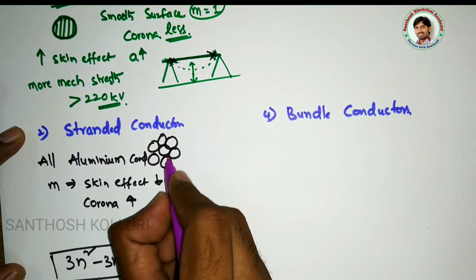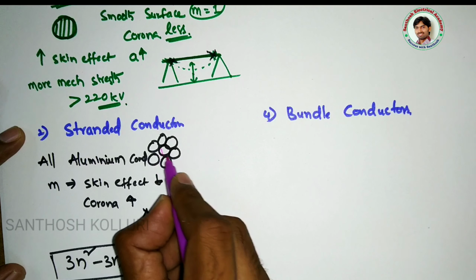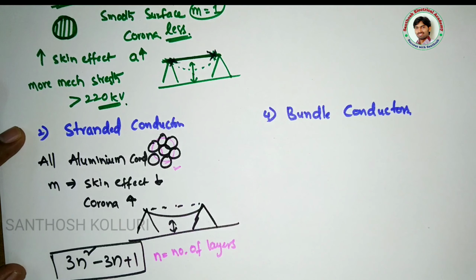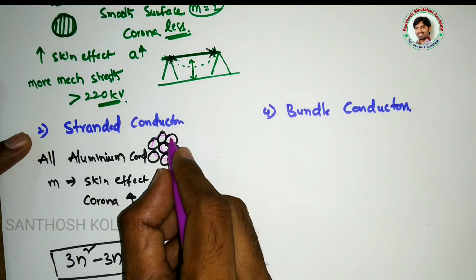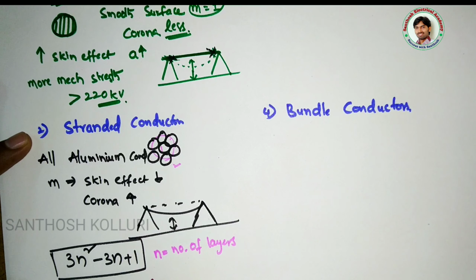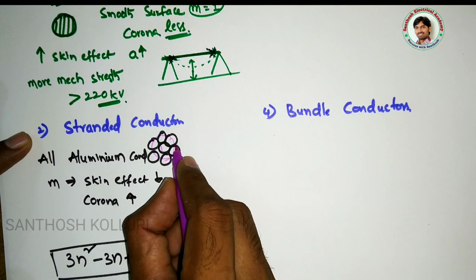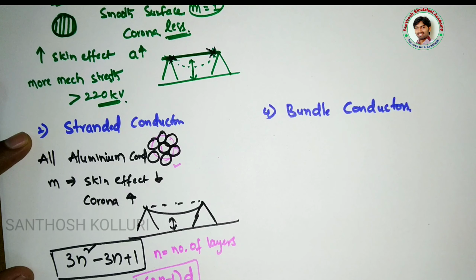This is a very important formula for competitive examination purposes. So here it is a 2-layer stranded conductor, layer number 1, layer number 2, right? And the diameter of this conductor can be given with the formula (2n minus 1) into d, where d is the diameter of each strand.